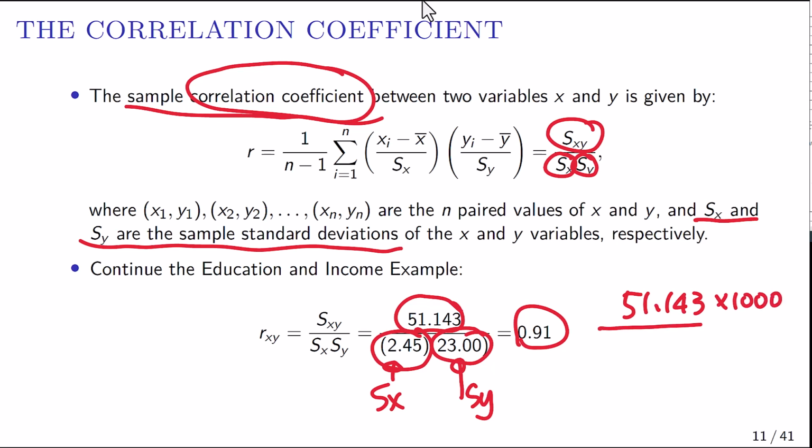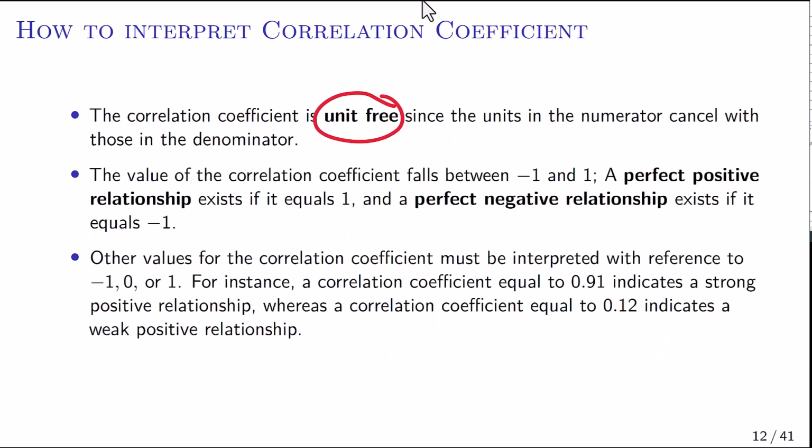But this standard deviation is x, the same thing, but for y, it becomes 23 times 1,000. You can see we have multiplied by 1,000 on top, and then on the bottom, this one gets cancelled, right? So that means if the income is measured in $1, then this correlation coefficient is still 0.91, it does not change. That's what we mean by unit free.